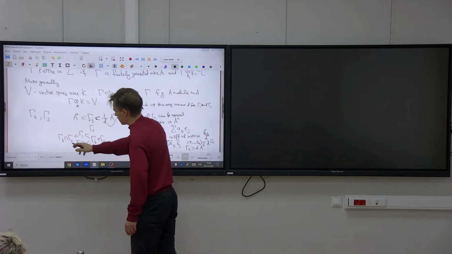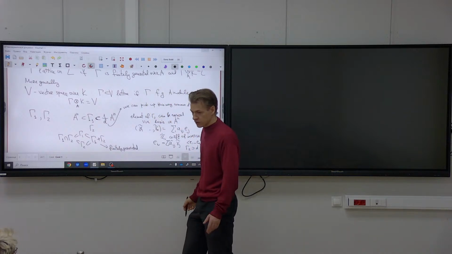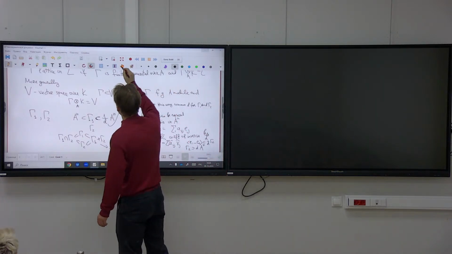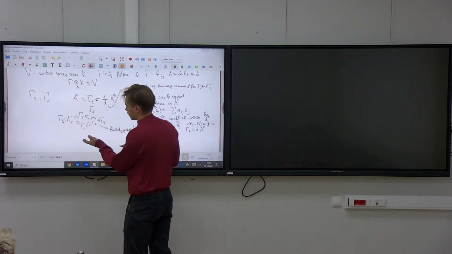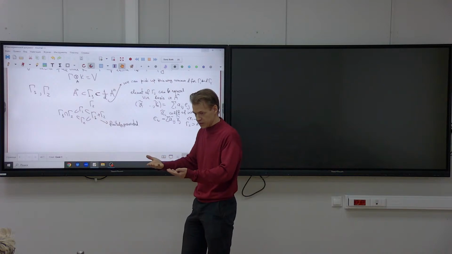So this implies that the intersection is also a lattice. Yeah? Of course, it is a finitely generated module, but it was not clear that it was of maximal rank.